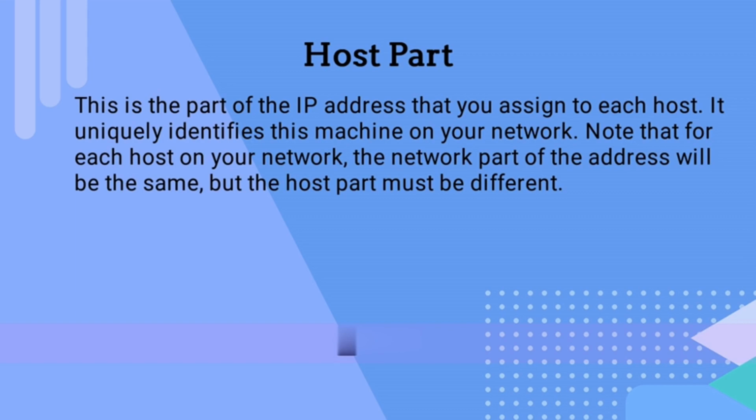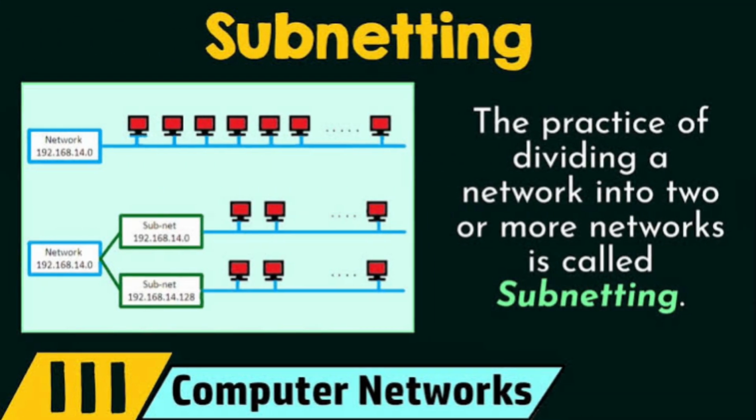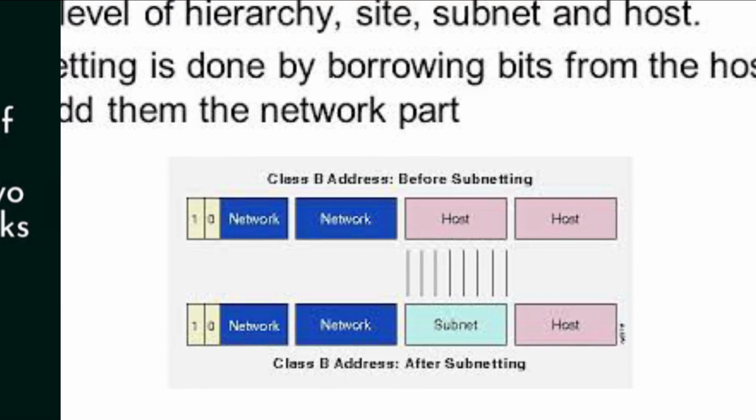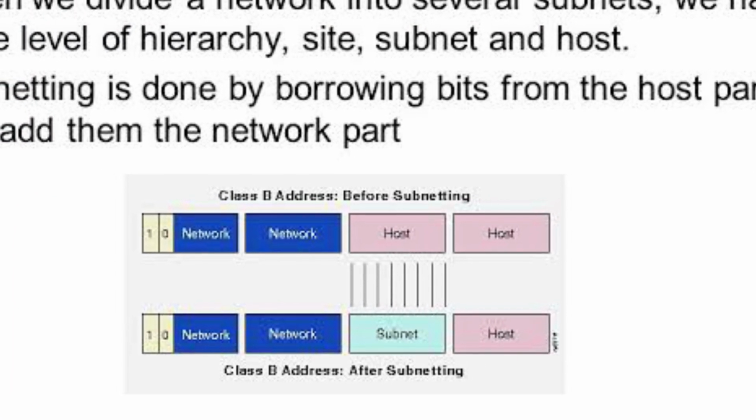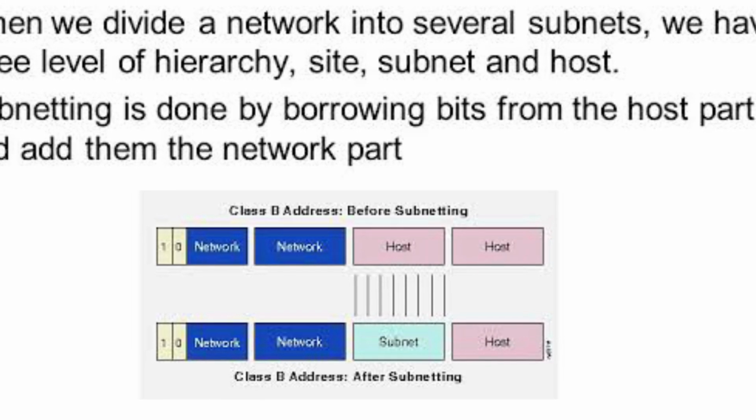We'll talk a little bit about the subnet number. Local networks with a large number of hosts are sometimes divided into subnets. If you choose to divide your network into subnets, you need to assign a subnet number for the subnet. You can maximize the efficiency of the IP address space by using some of the bits from the host number part of the IP address as a network identifier.